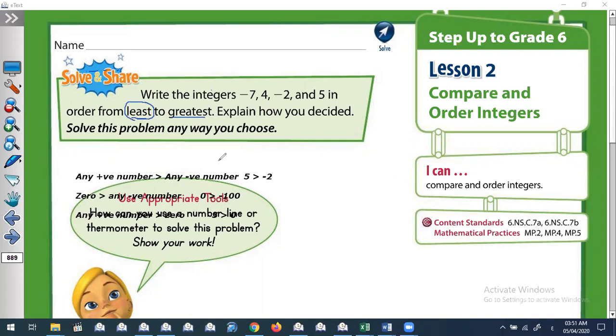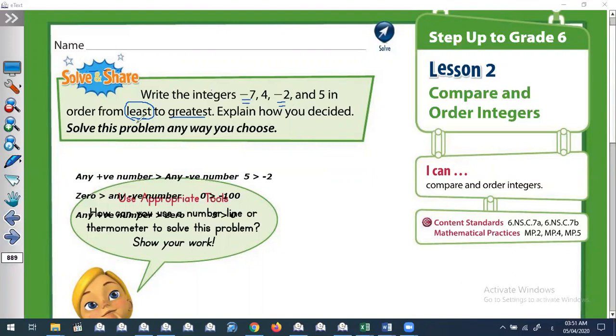The least number will surely be a negative. Here we have two negative numbers, negative 7 and negative 2. Which is smaller? In the negative, smaller is bigger in quantity. So the smaller is negative 7, not negative 2. In the negative, the smaller will be bigger and the bigger will be smaller.